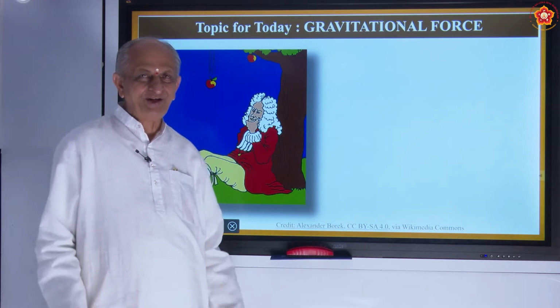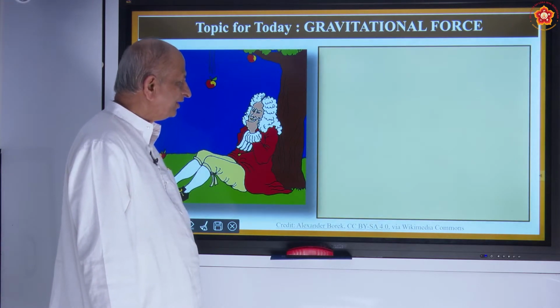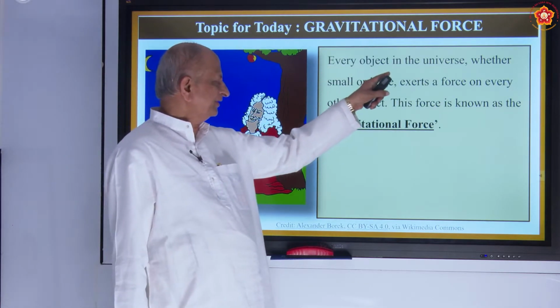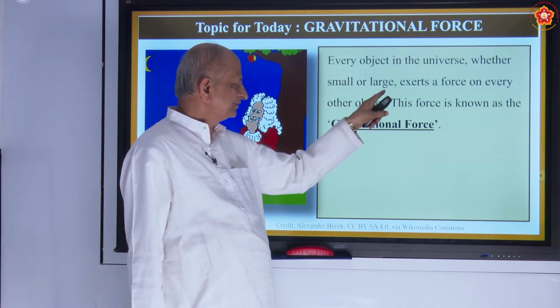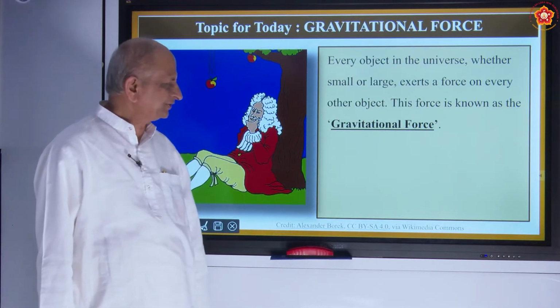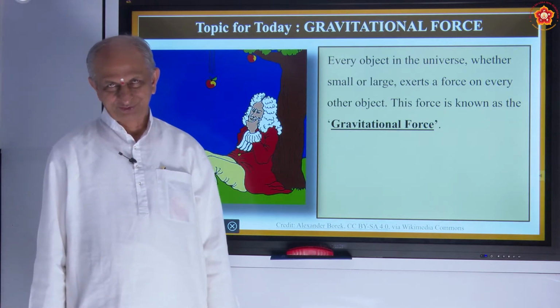That was his curiosity. Hence he discovered that all bodies in this earth, every object in this universe, whether small or large, exerts a force on every other object. This force is known as gravitational force.